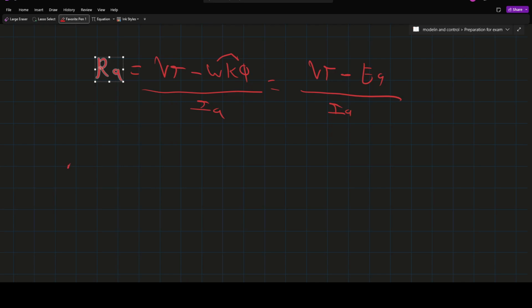So we can plug in the values that we have.